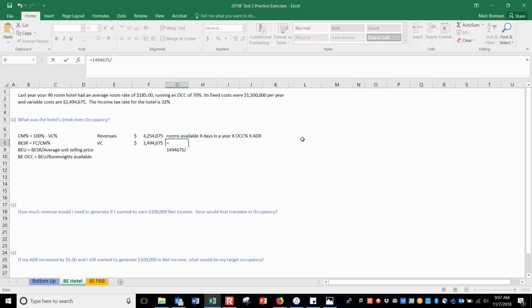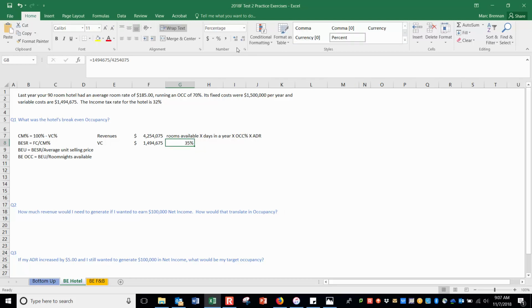My variable costs divided by my revenue, and you would want to multiply that by 100 to finish it off. So 35.14 is my variable cost percentage.